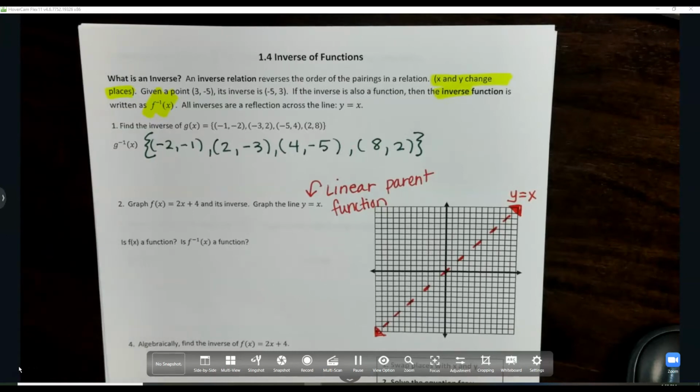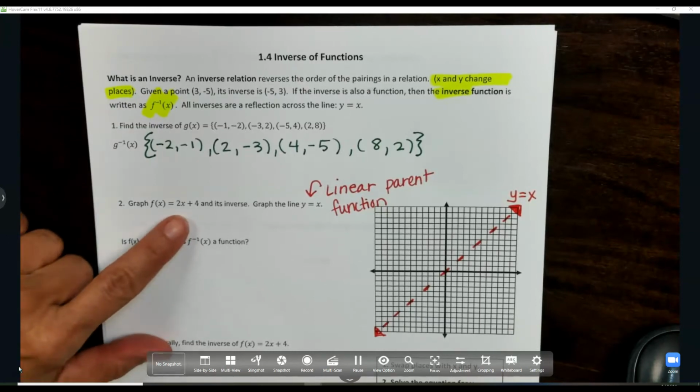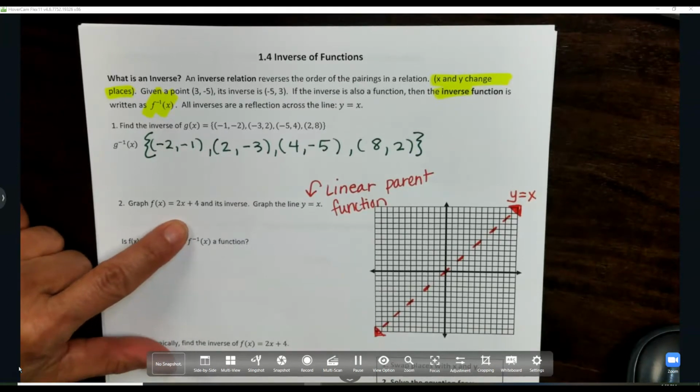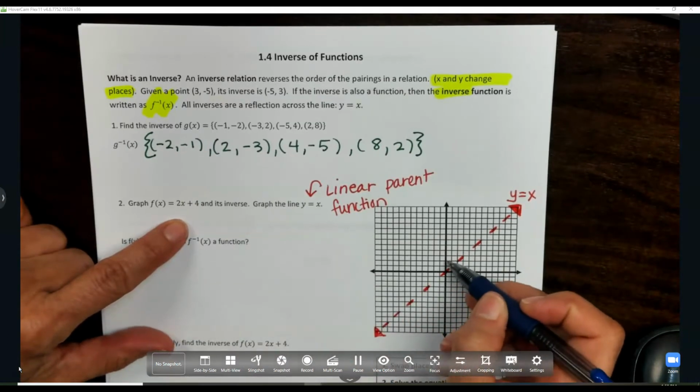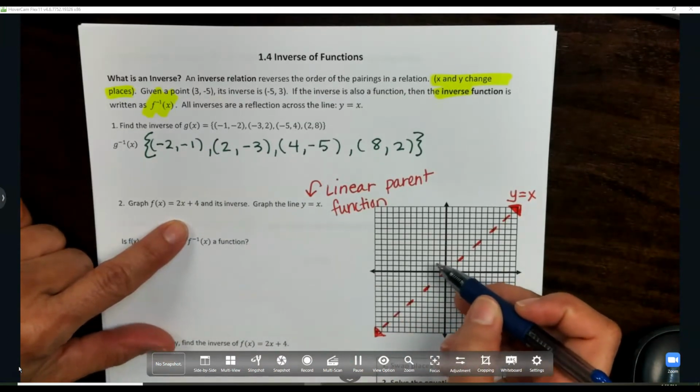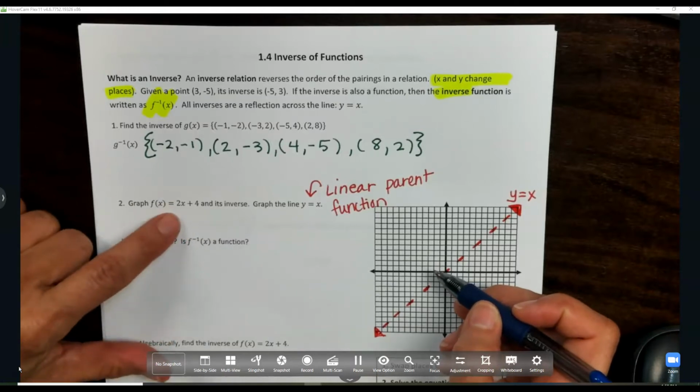All right. The next thing I'm going to do is I'm kind of going out of order. Now I'm going back to the beginning. I'm going to graph 2x plus 4. For 2x plus 4, you guys should know how to do this. The y-intercept is plus 4. So I'm going to go 4 places above the origin, draw my dot, and then use my slope, y'all.